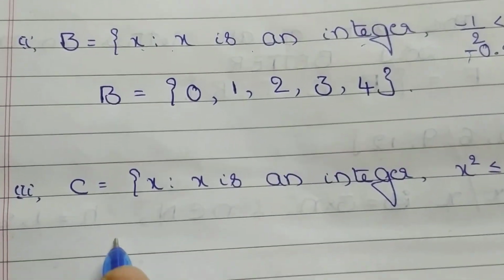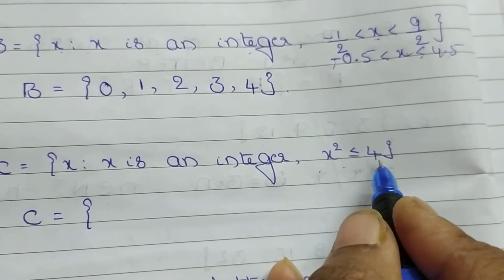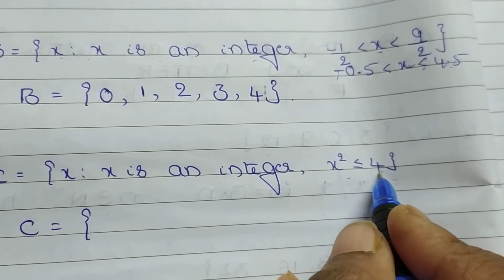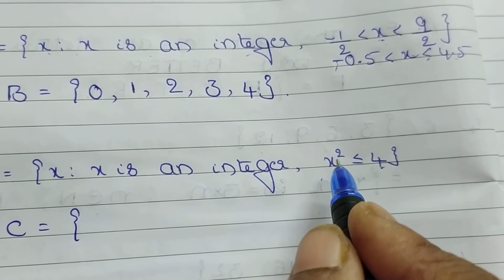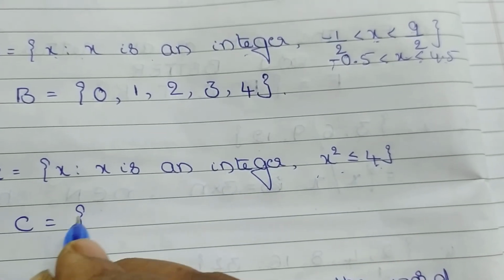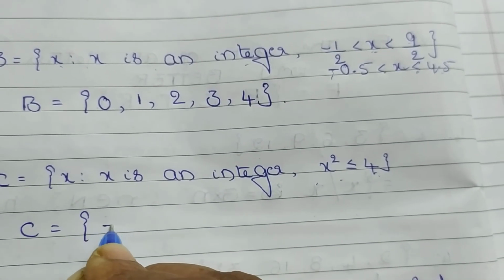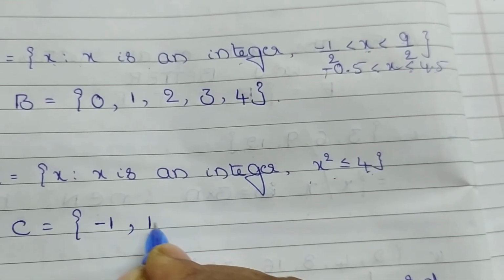What is C they gave? C: x is an integer such that x square is less than or equal to 4. So we have to take the values of x such that its square should be less than or equal to 4. Suppose if I take minus 1 whole square, it is less than or equal to 4, so plus 1 also.